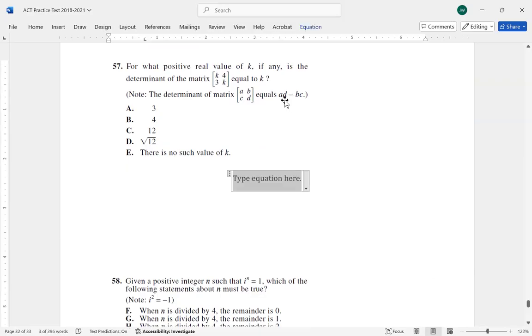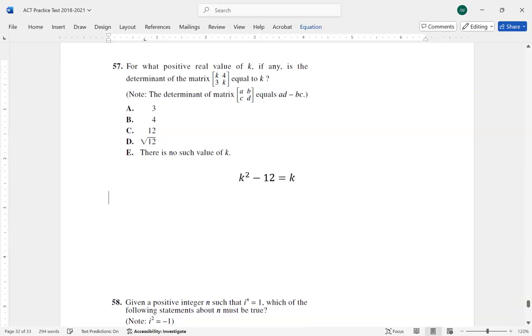It tells what to do here, AD minus BC, where AD is on the main diagonal, BC is on the cross diagonal. So we take k times k, that's k squared, minus 3 times 4, that's 12. And when is that determinant equal to k? So when is k squared minus 12 equal to k?